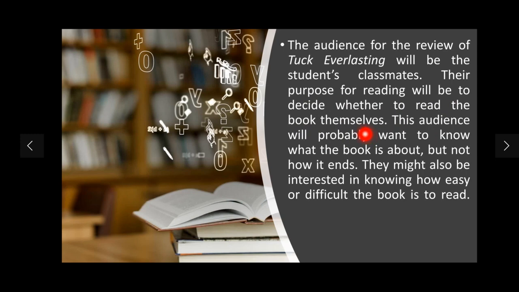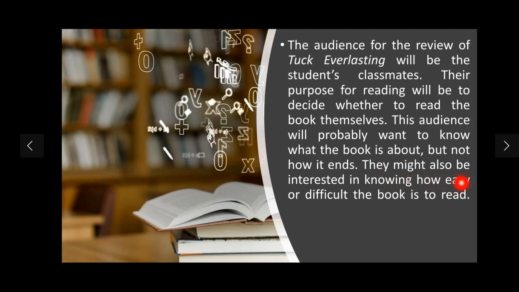So we have learned who the audience are and what the purpose is, in order to let them decide to read a book or not. This audience will probably want to know what the book is about, but not how it ends.